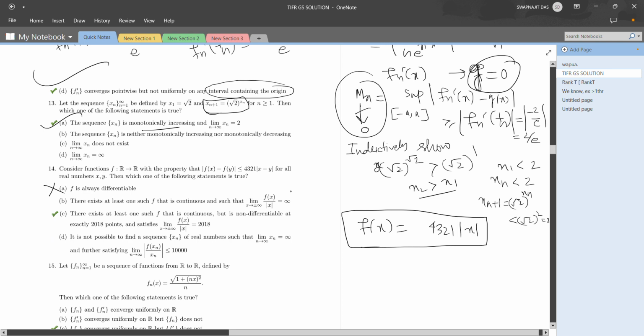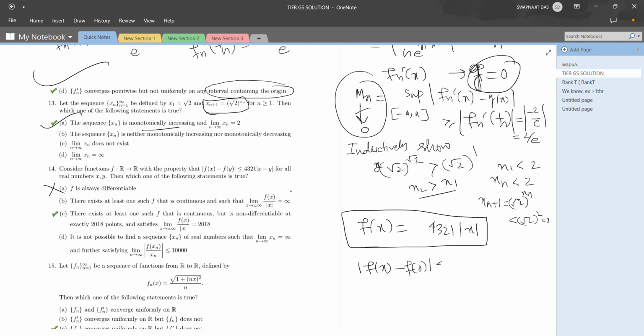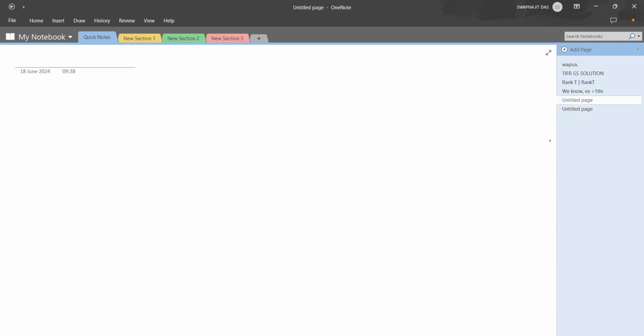But that you can do, as you can see that mod fx minus f0 is less equal to 4321 mod x minus 0. We have already mod fx minus fy is less equal to 4321 mod x minus y.